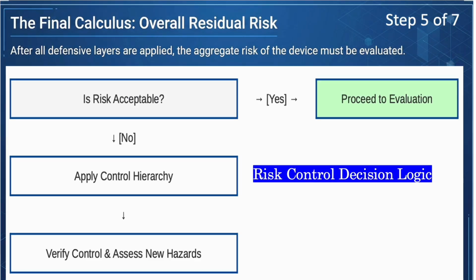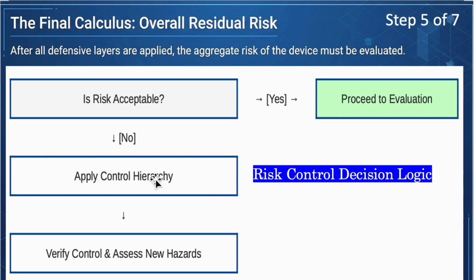After you have applied all the risk control measures, safety by design, alarm, and information for safety, and evaluated them for their effectiveness, you have to step back and ask yourself, are there any residual risks remaining? If there are still risks remaining, then you can use a risk control decision logic like this to analyze that and apply controls.